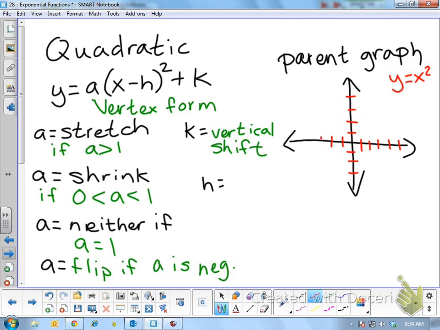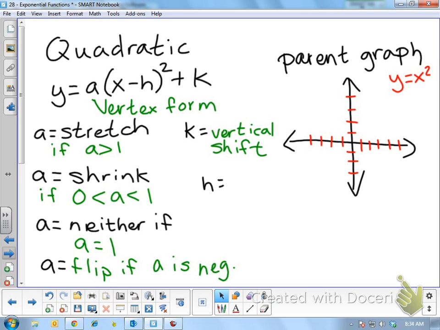So again, we need our parent function, and actually before I graph the parent function, let's discuss what h will do. Before we didn't have an h, we didn't have parentheses involved when we had a line. This time we do have parentheses and we have that h inside. I didn't try this with the other classes. We're going to see how it works out. Go ahead and get your calculator out again.